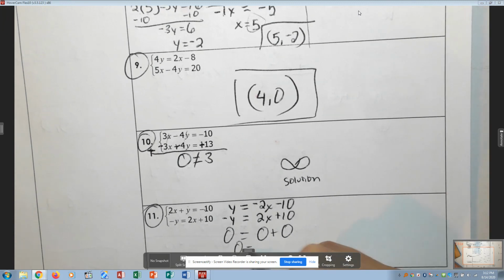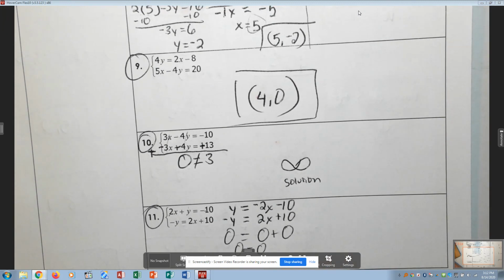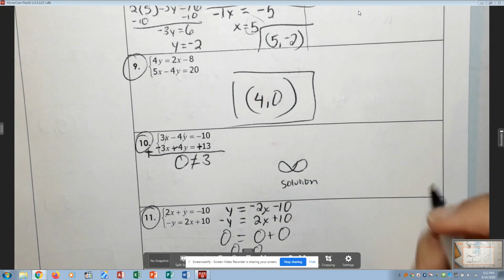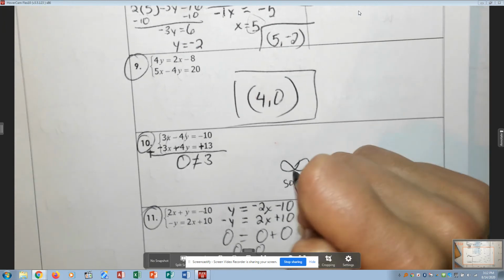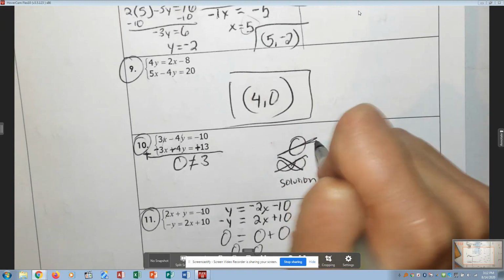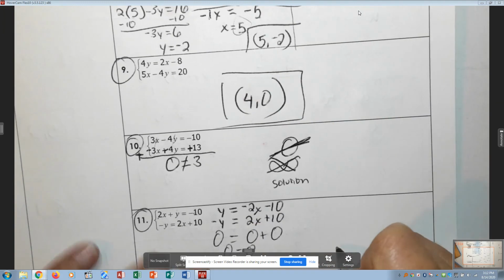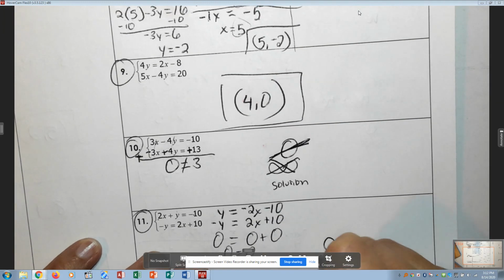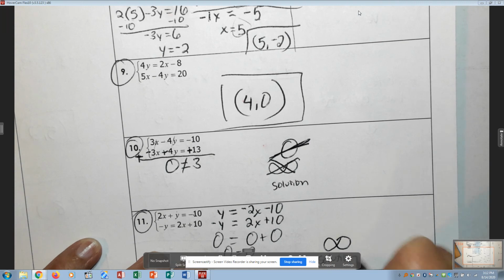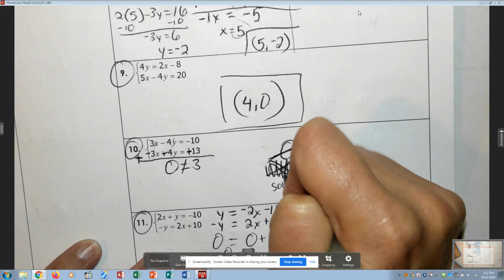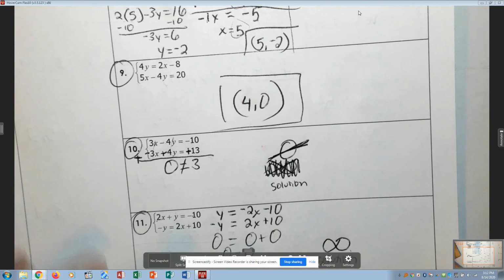So 0 does equal 0. Everything is canceled out. This is the same line. So this is infinite solutions.